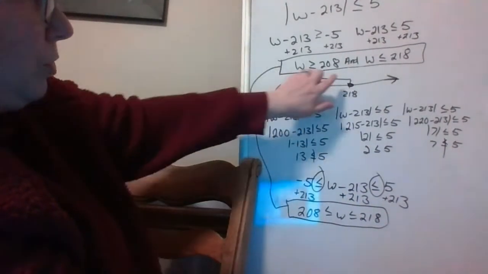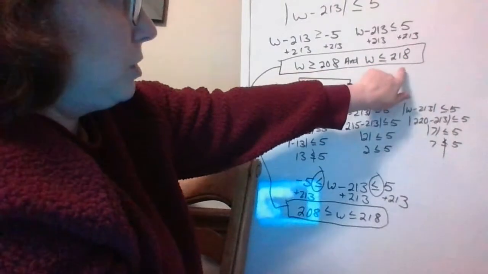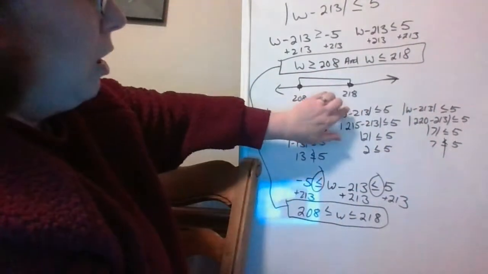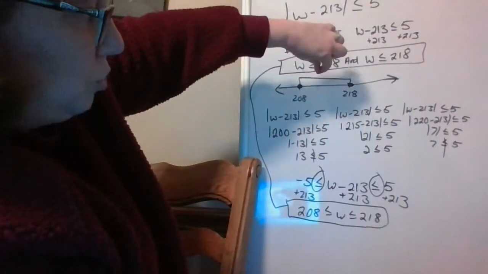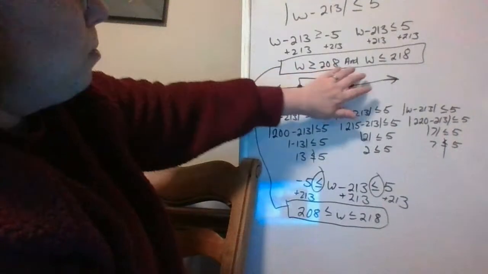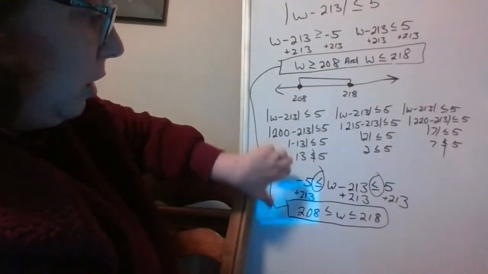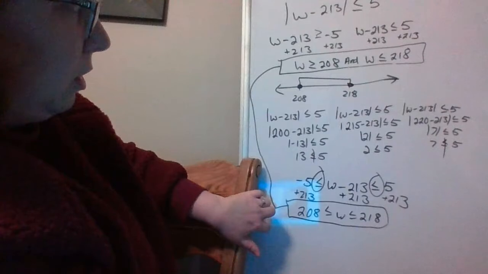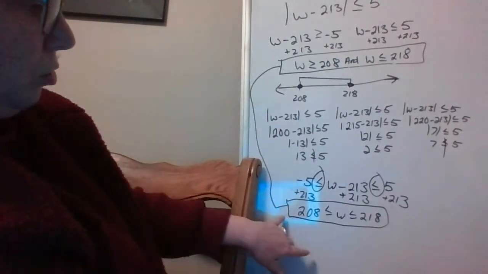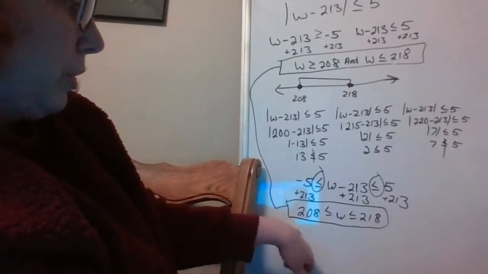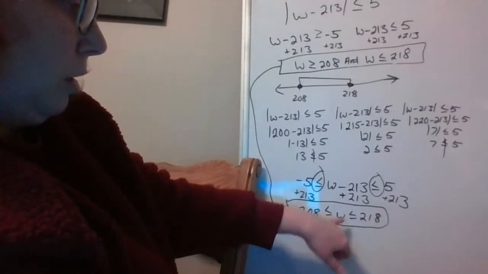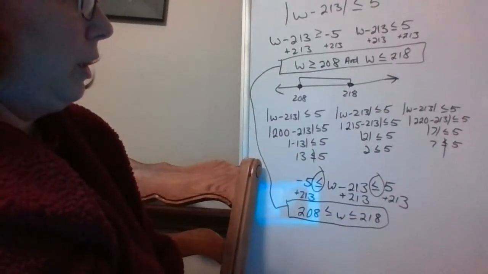Up here, you do need and because you have these 2 distinct solutions. And on the graph, it shows that they do come together in an and. But if you're leaving those separate, you would need the word and. If not, you can do it like this and get that nice, neat solution set from the start. 208 is less than or equal to W is less than or equal to 218.